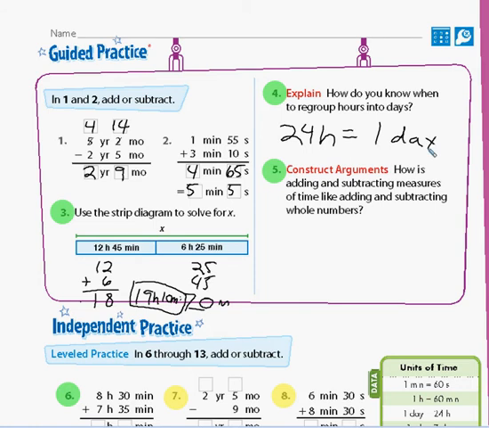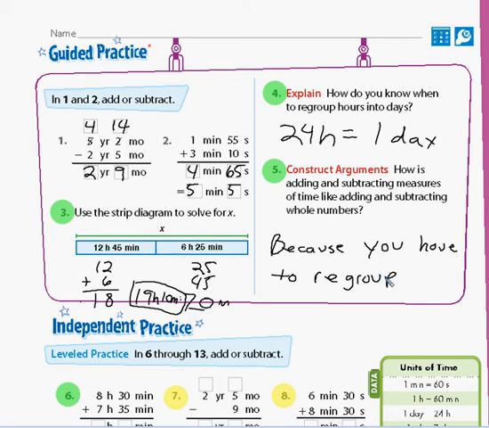How is adding and subtracting measures of time like adding and subtracting whole numbers? Because sometimes you have to regroup.